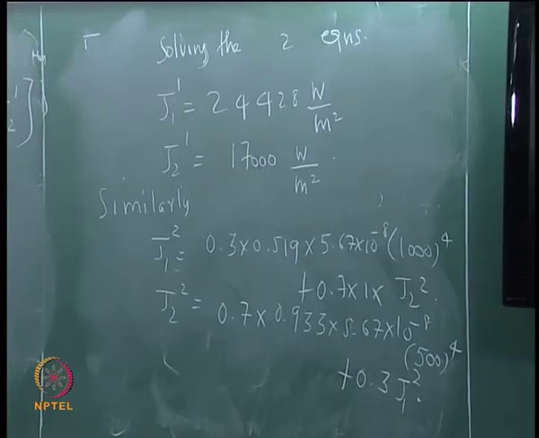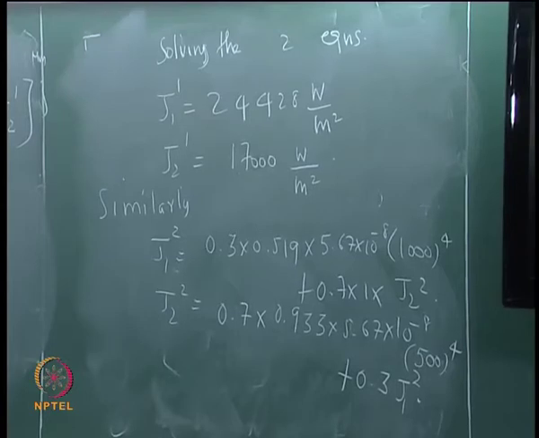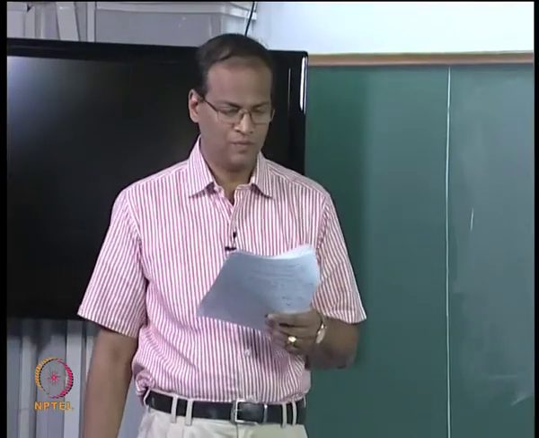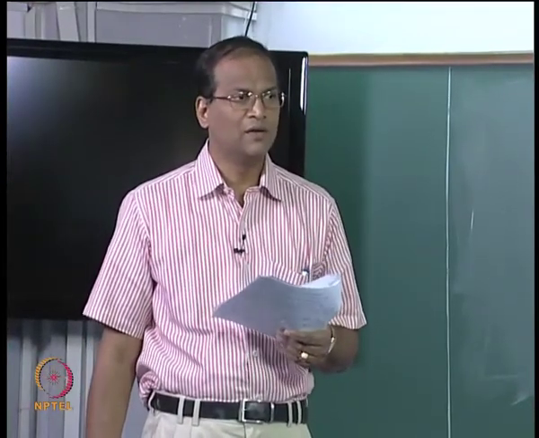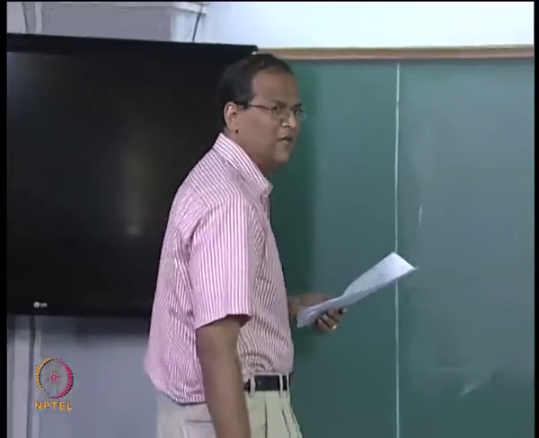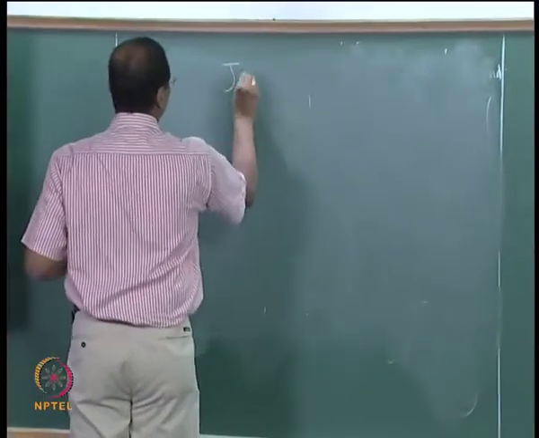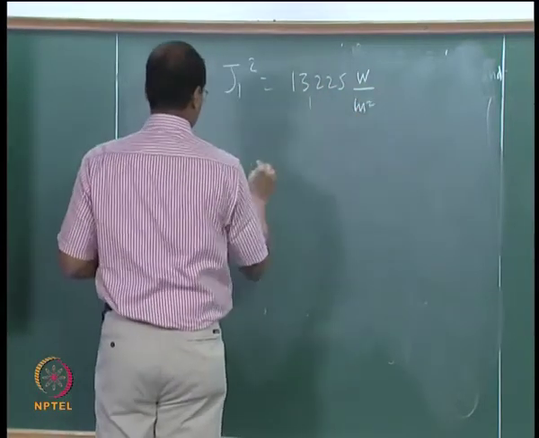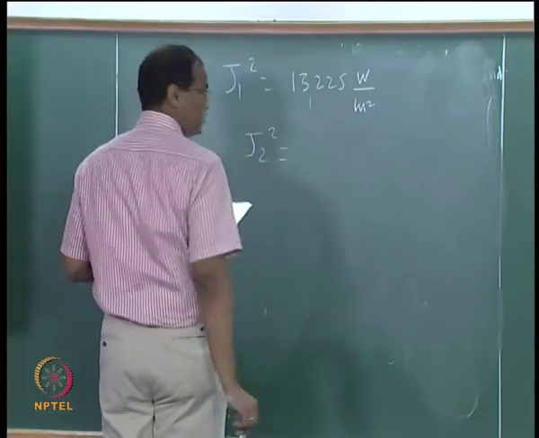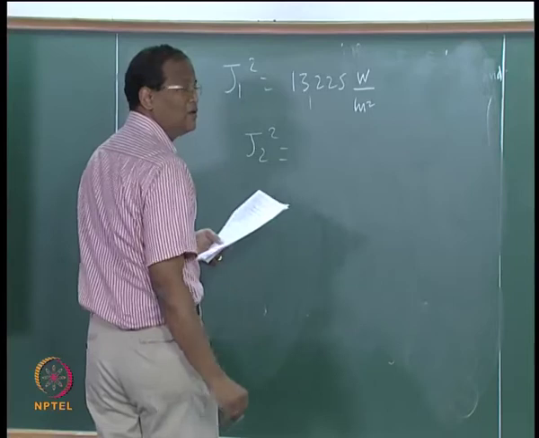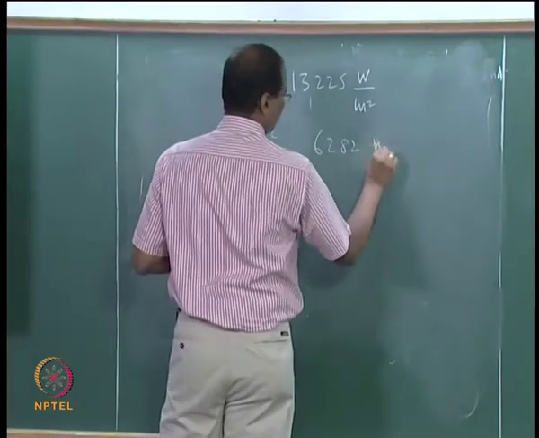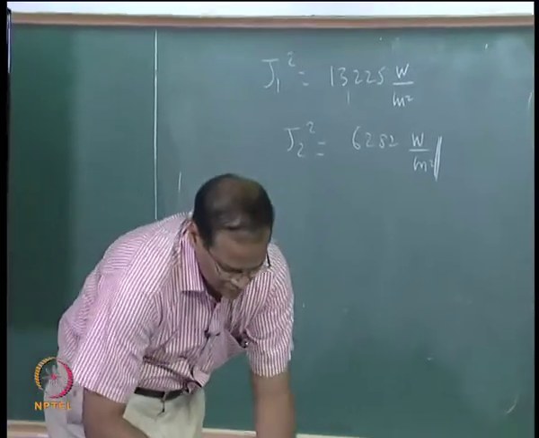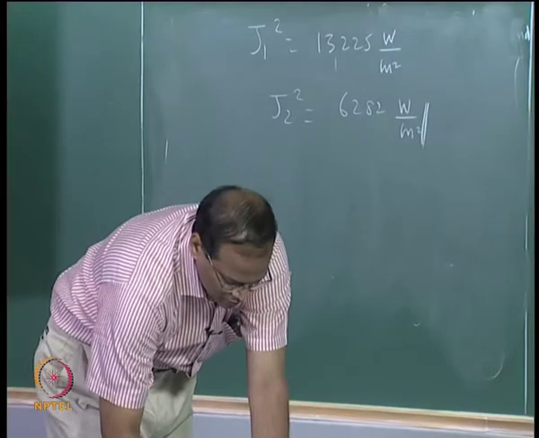What do you get on solving this? J12, is it 13,225, that is what I get, check. Okay. So J22, is it okay?